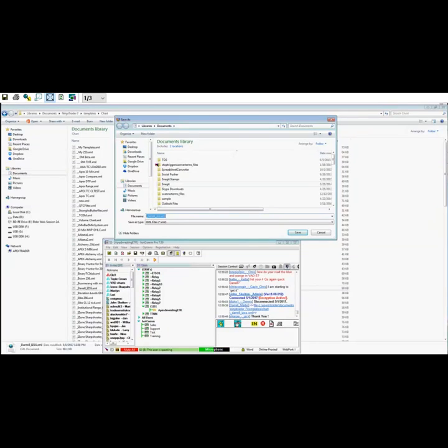Go to your documents, then go down to NinjaTrader 7, and go down to templates, go to chart, and then click save. So again, that's documents, NinjaTrader 7, chart, save.